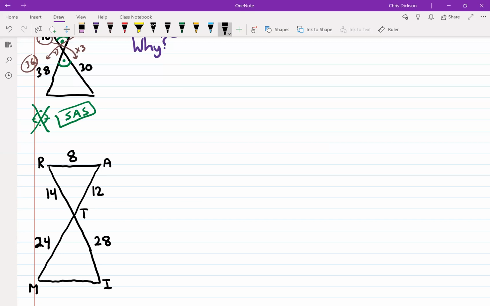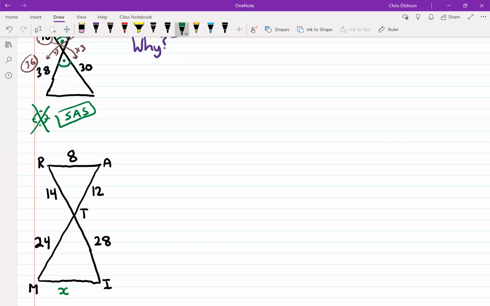But are they corresponding to each other? Well, first of all, are these two triangles similar? So once again, I kind of said they were. But let's say the question at the end of it all is, what is x? What is that distance of MI? Well, we know that proportionality and similarity have to do with those three rules.